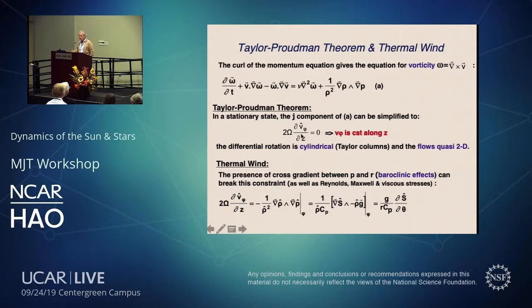You have no variation of the differential rotation along the z-axis. But it turns out to be wrong, and one of the things that we have put forward through various modeling is the fact that there is a baroclinic effect due to the crosstalk between density and pressure gradient that leads to a latitudinal variation of the entropy field.